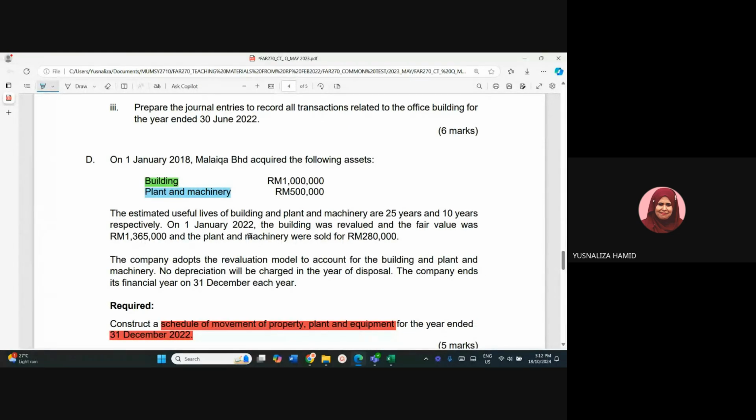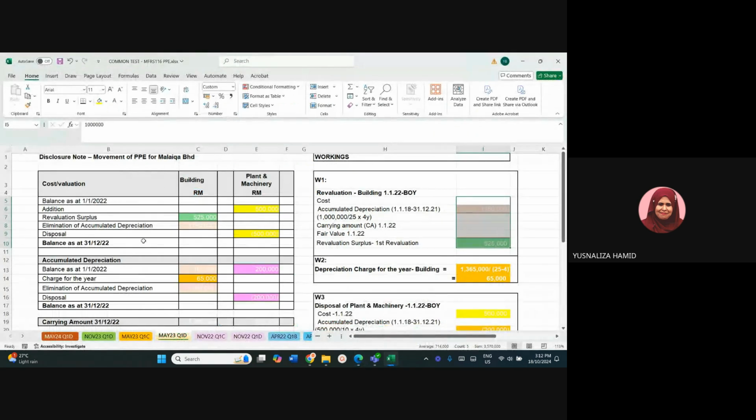So in this question, there is derecognition of machinery, and there is another revaluation done for building. There are no new acquisitions, right? So what you can do now is to prepare the schedule. You can prepare the schedule just like this, where you will put the columns. In this question, for your information, there is no impairment.